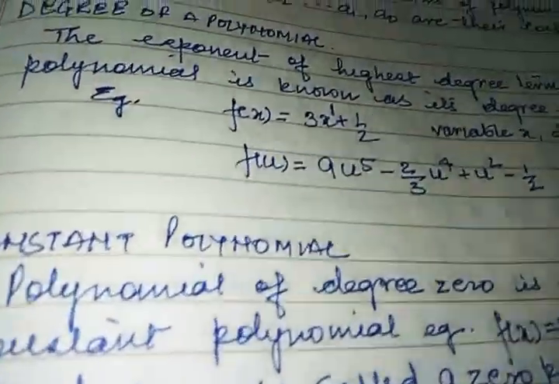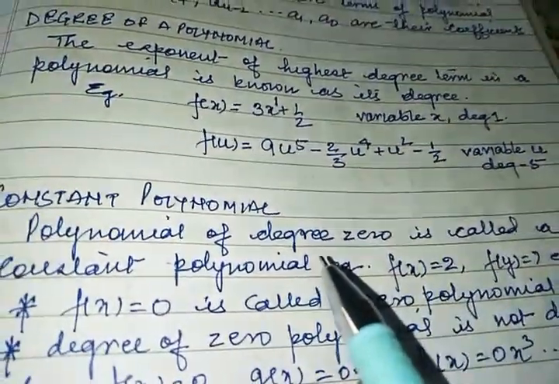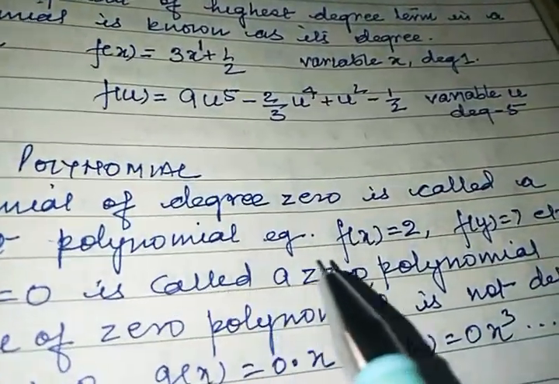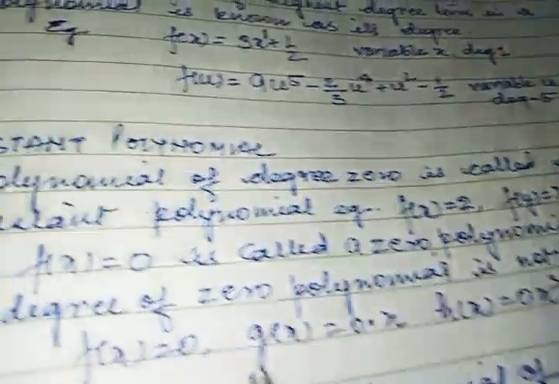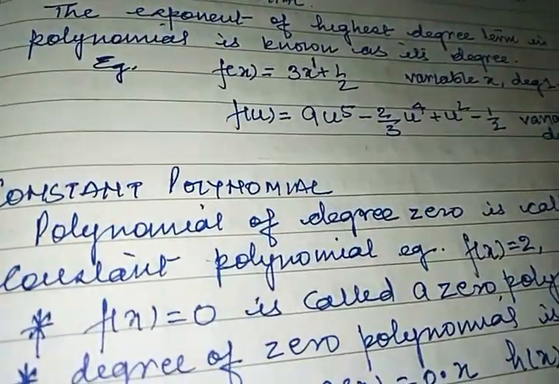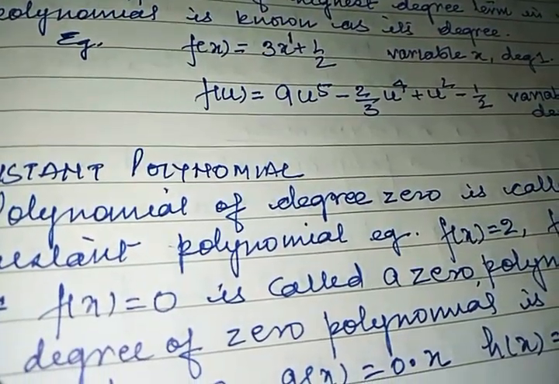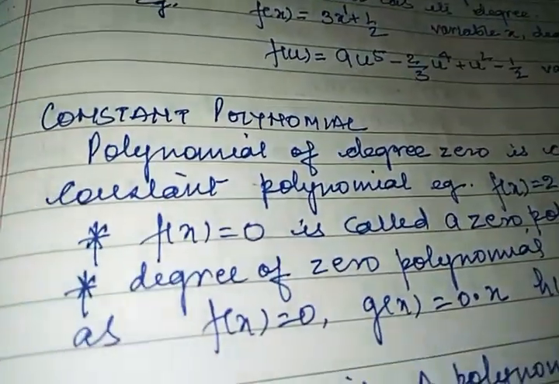Then constant polynomial. Polynomial of degree 0 is called a constant polynomial, as you have f(x) = 2, f(y) = 7, etc. So these are called constant polynomials. f(x) = 0 is called a zero polynomial.